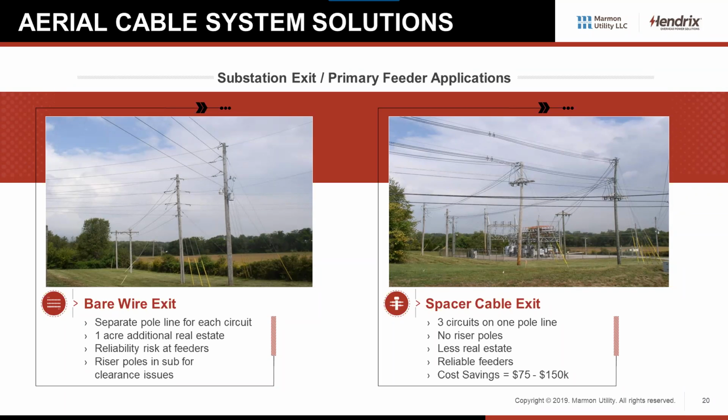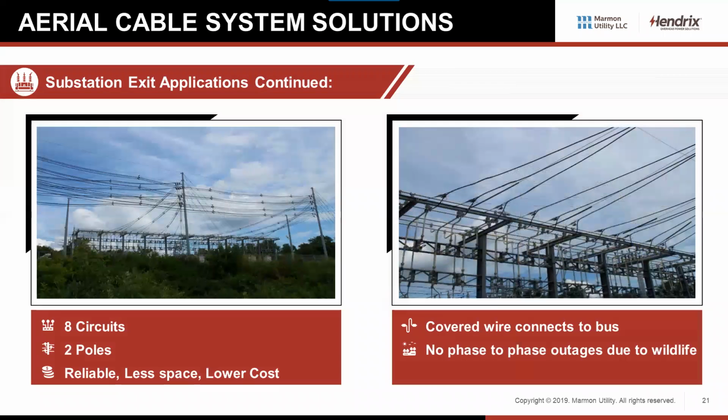And when you look at heavily treed areas, we always have clients look at life cycle costs over the next 30 years, and how much you are going to spend on tree trimming and maintaining this line. With a lot of these other applications, and substation exits are a perfect example of that, spacer cable can actually save you money up front. So you start seeing the benefits of it right away.